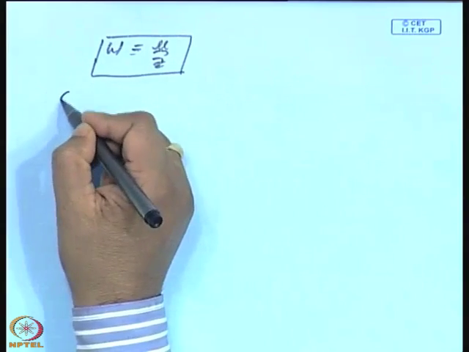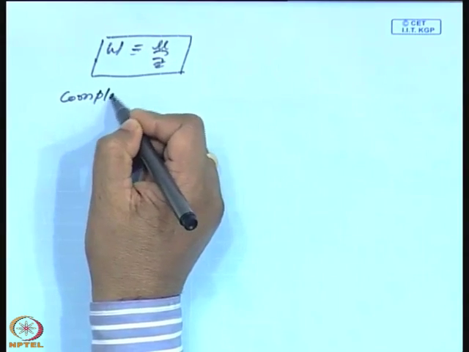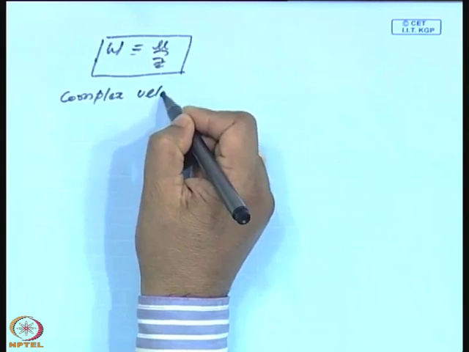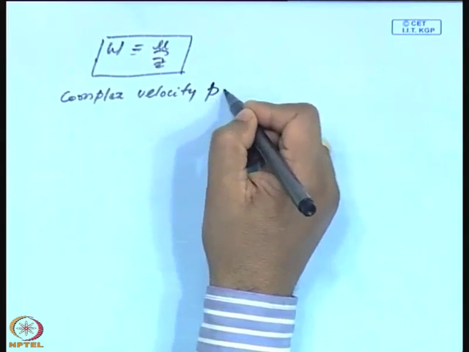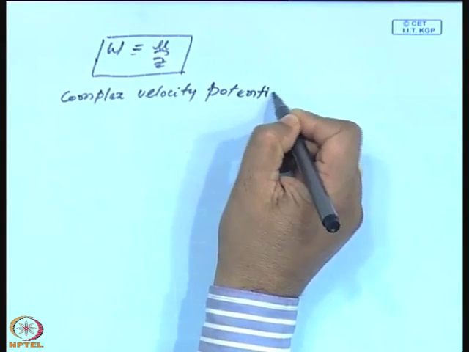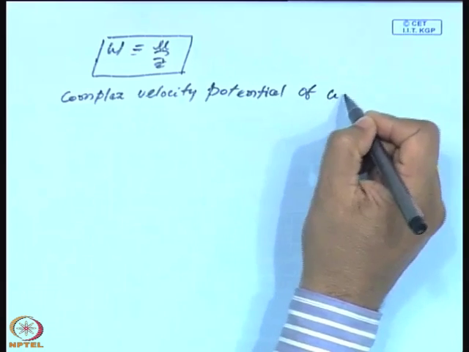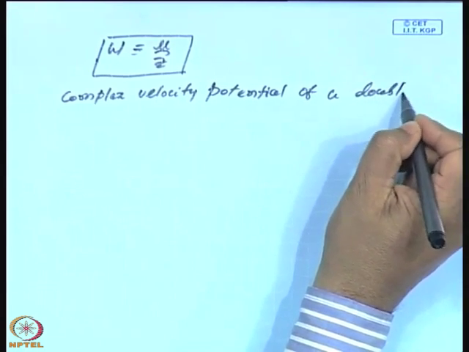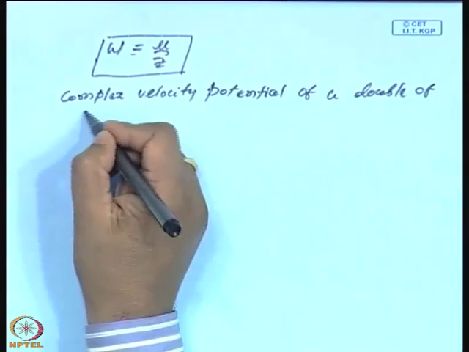So, this W represents the complex velocity potential of a doublet of strength mu.